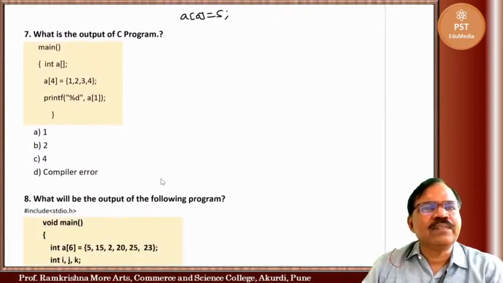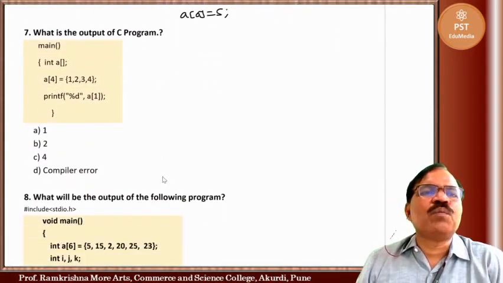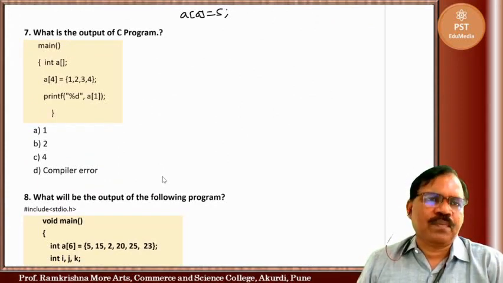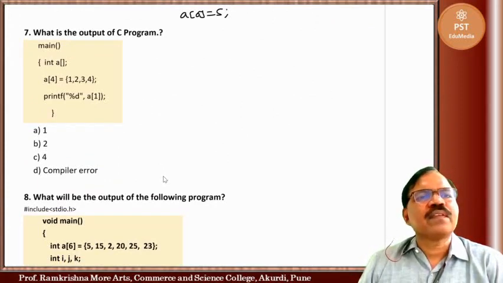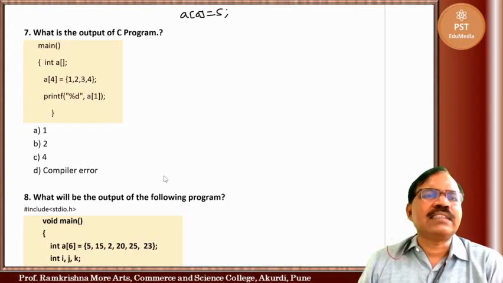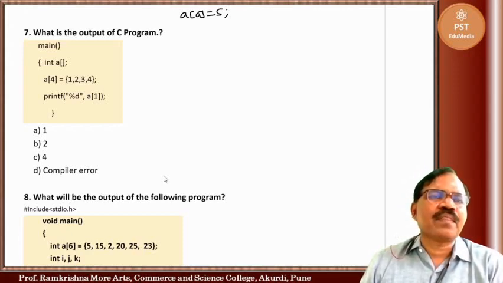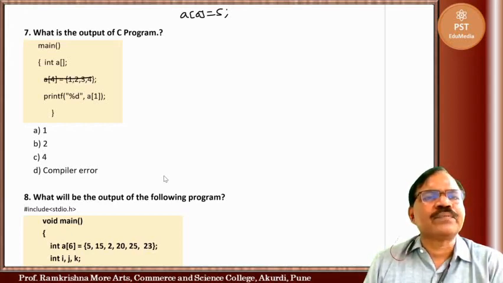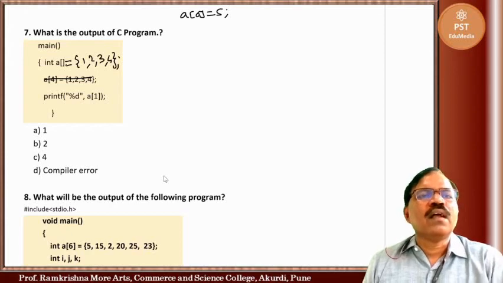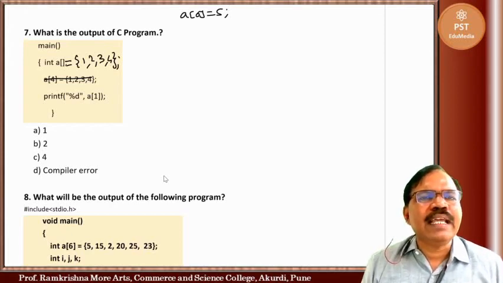Now next one, what is the output of the C program? Main, then in curly braces int a[4] equal to, actually we have to write here, 1, 2, 3, 4. Print %d a[1].